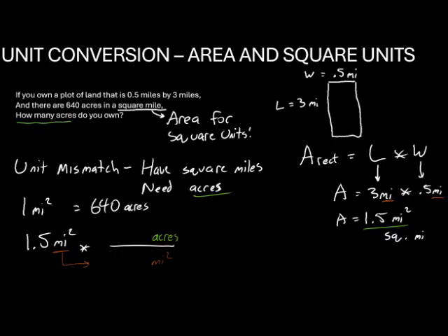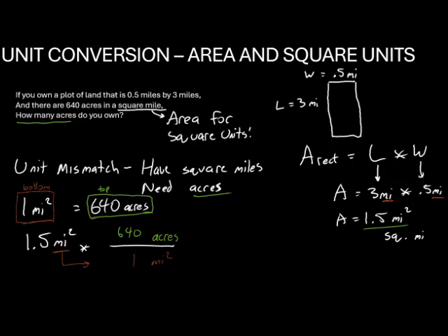Now, we're going to place the 1 next to square miles. The square miles are on the bottom. So we'll place a 1 on the bottom. This means the 640 acres must go to the top, and we'll place the 640 next to acres. In a previous problem, we squared both of the units. In this problem, that won't be necessary.